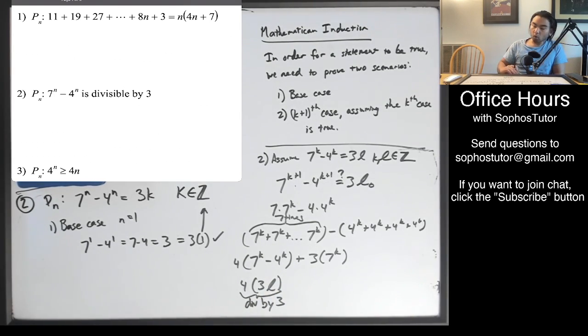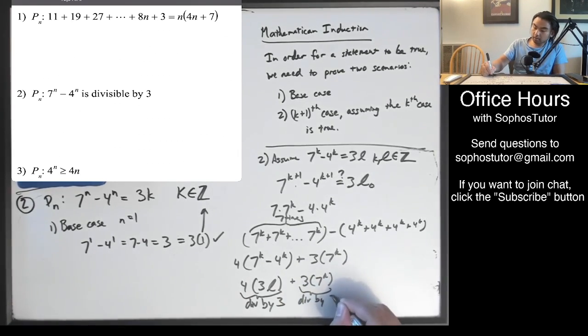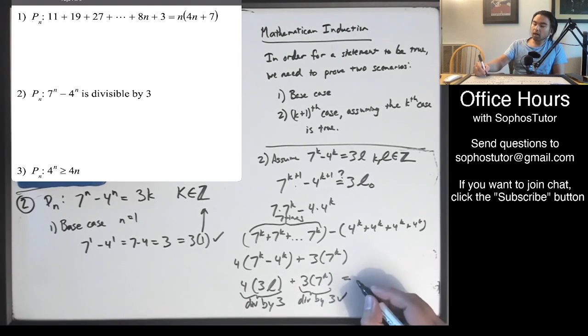So now, in order to prove that the entire statement is divisible by 3, I need to ask myself, is 3 times 7 to the k divisible by 3? Well, it obviously is, because 3 is a factor and 7 to the k we know is an integer. So this half is divisible by 3. And we know that two numbers divisible by 3 equals a number divisible by 3.